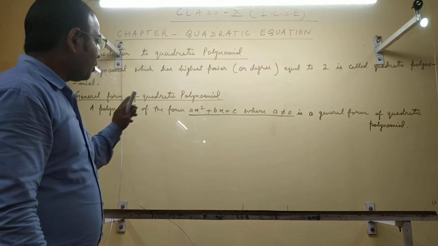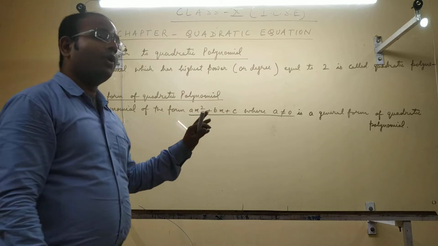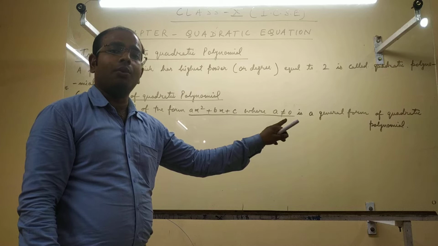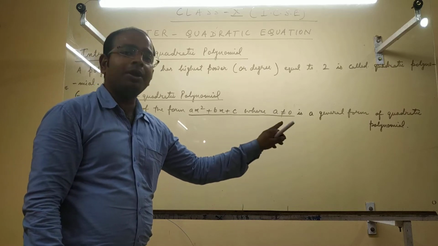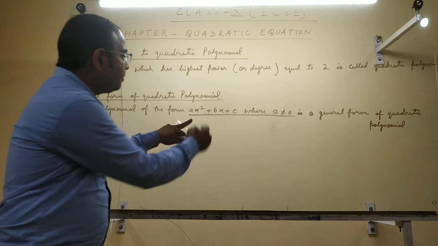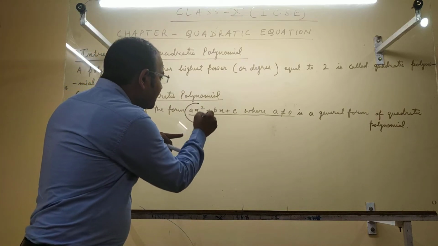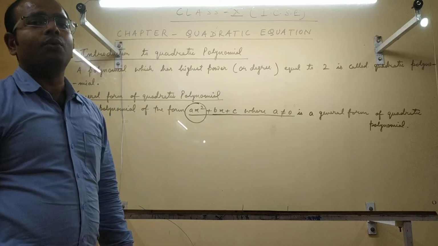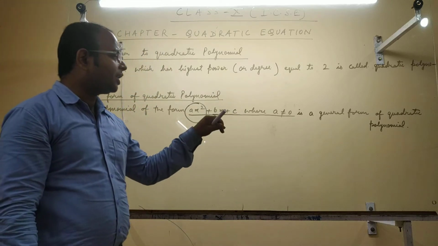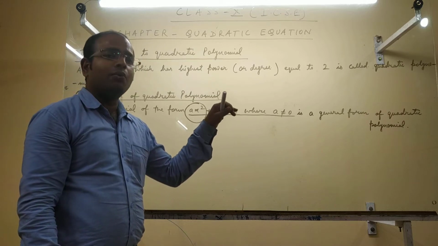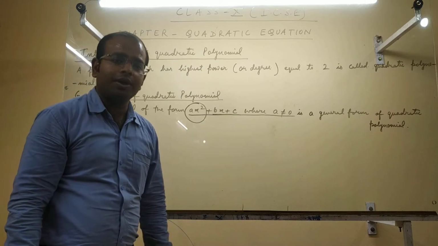So, for a polynomial to be a quadratic polynomial, this condition must be satisfied. Why? Because if a becomes 0, the first term of this quadratic polynomial becomes 0, and the remaining polynomial is no more a quadratic polynomial, because in the remaining polynomial the degree or highest power of variable is 1, which is not true for a quadratic equation.